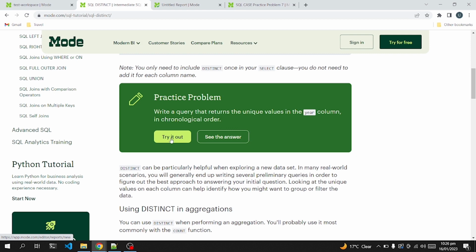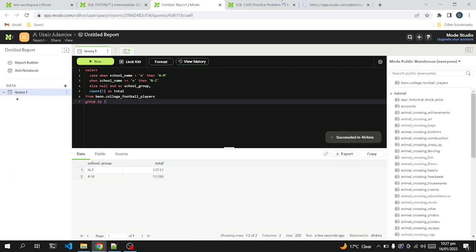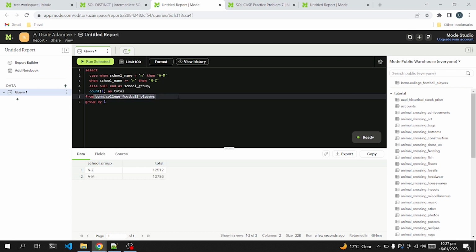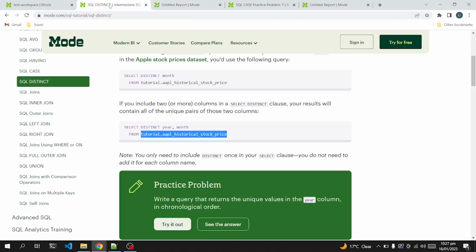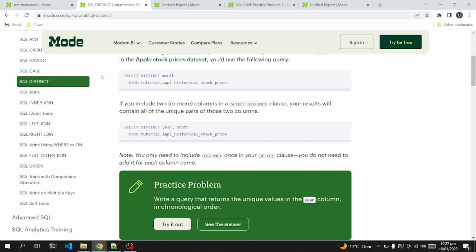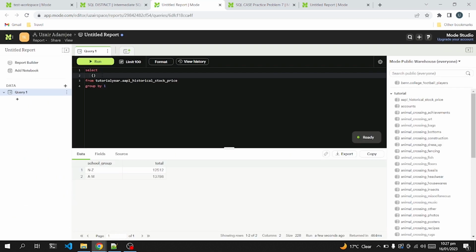Write a query that returns the unique values in the year column in chronological order. Select distinct year from the table, order by year.